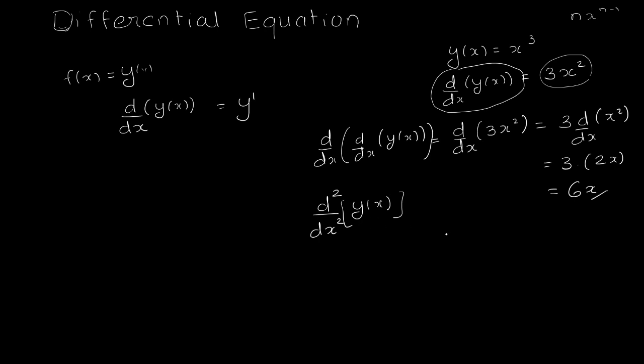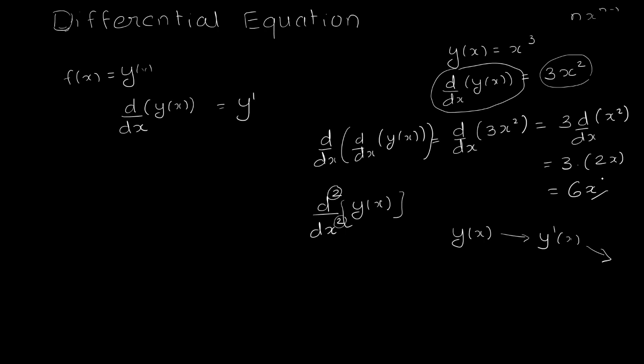So looking at this, you understand that this is the second order derivative. That is, you have differentiated this y of x once, you have got y dash of x, and then this y dash of x you have once again differentiated. That is, you have differentiated it two times. So you have found a derivative, and of that derivative again you have found a derivative.